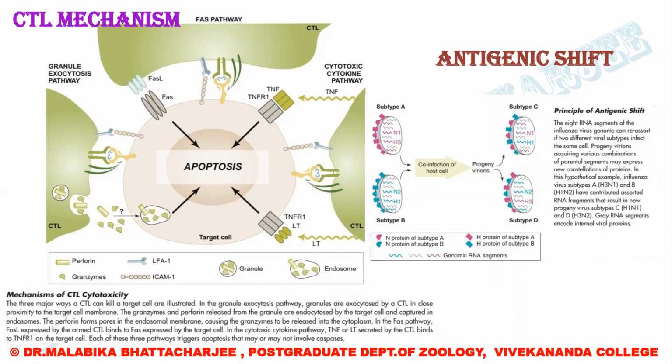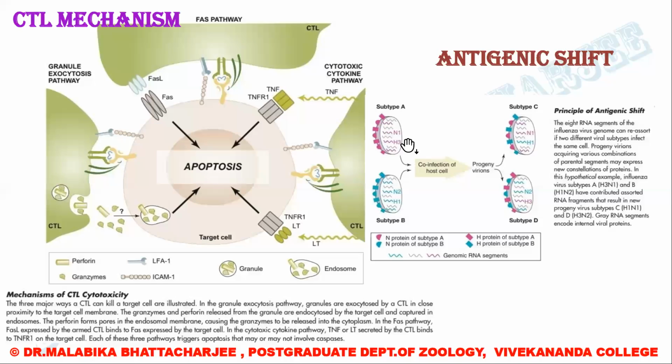The two important proteins, hemagglutinin H protein and neuraminidase N protein, are the only two viral proteins present on the surface of the influenza virion and are thus subtly different from viral generation to generation.